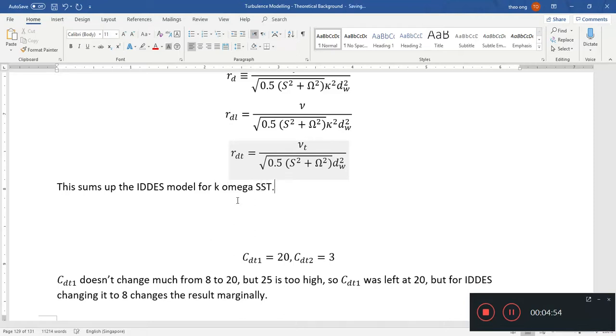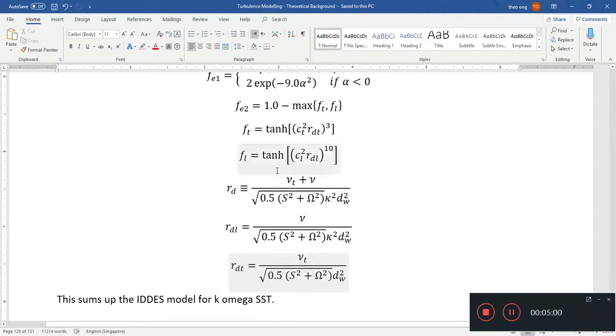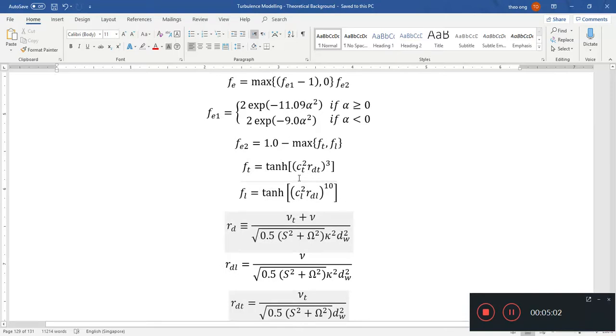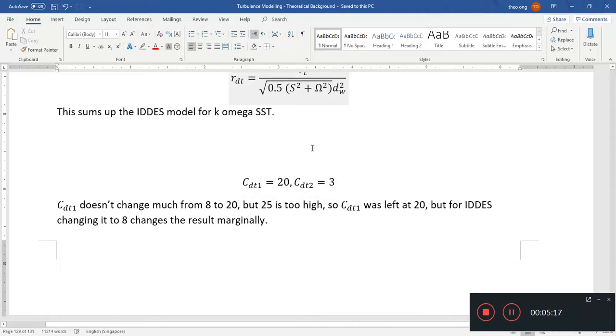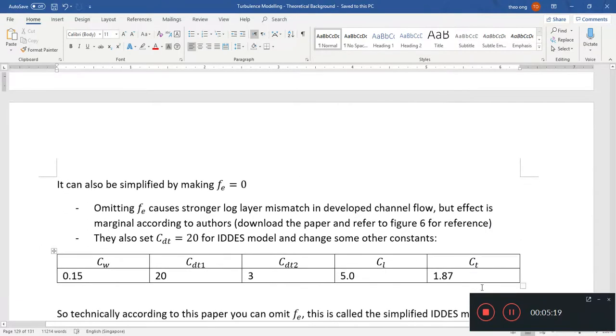That's all. Of course there are some constants, which are more or less the same as before. CT and CL, you've got to give them some values, and the values are over here.